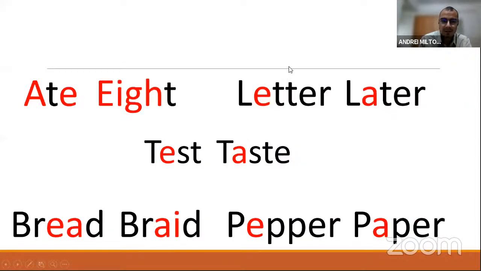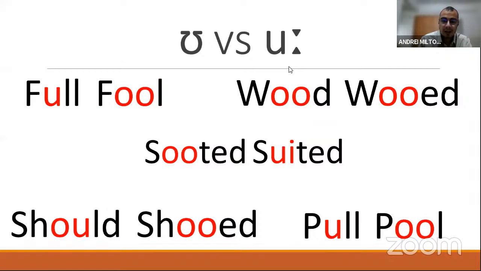Can you distinguish? Suit, suited, shoot, should. Pull, pool. It's the same like the E and E, right? It's ooh, but it changes. It's not the same sound. It's a little lower, not the same ooh. Full, pool. Okay, very good.